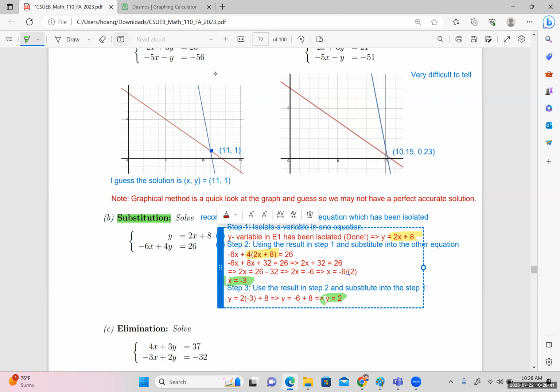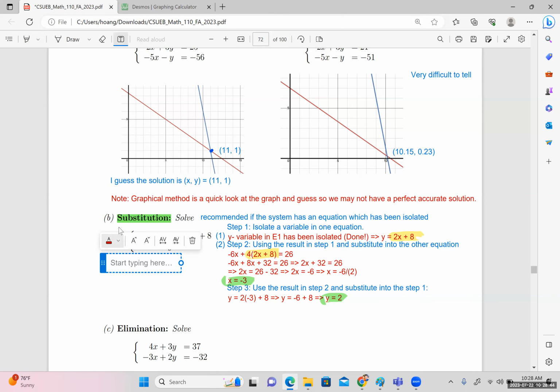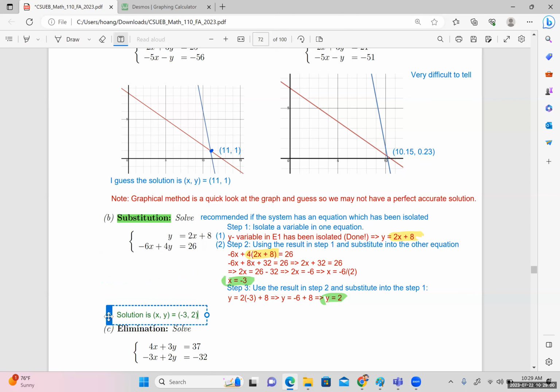So the solution is x, y equal to negative 3, 2.